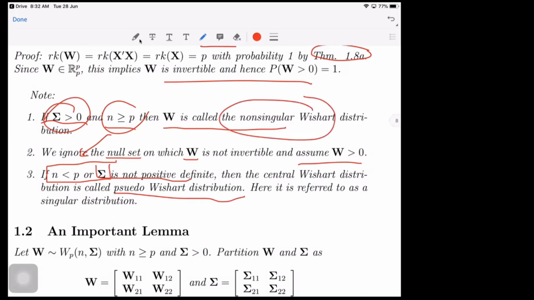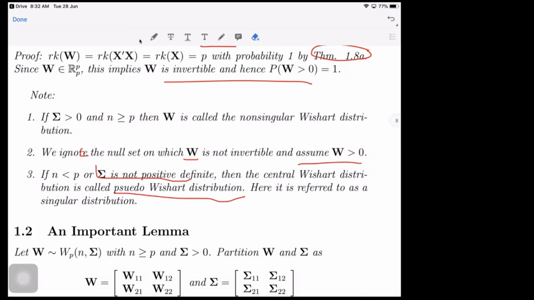So it's a term versus non-singular Wishart. If it satisfies the two conditions, then non-singular. If it does not satisfy either one, then it is a pseudo-Wishart or a singular Wishart distribution.